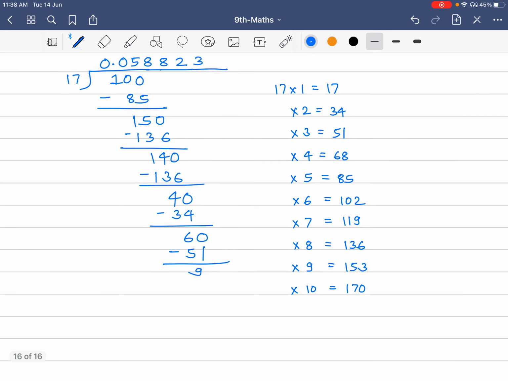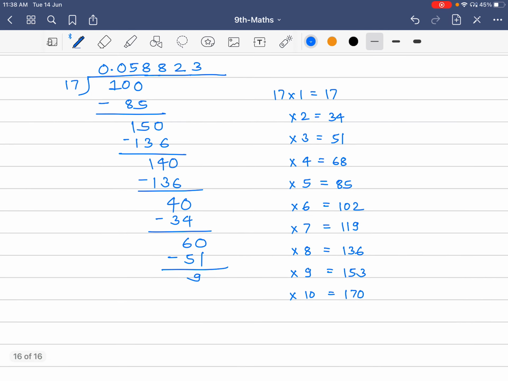Let's zoom in. Okay, now we have 9 as a remainder, so 90, and for 90 we have to take 5, which is 85. So this is 5, minus 85, and now 5 is the remainder, and then once again we go with 50. 50 is once again 2, which is 34.